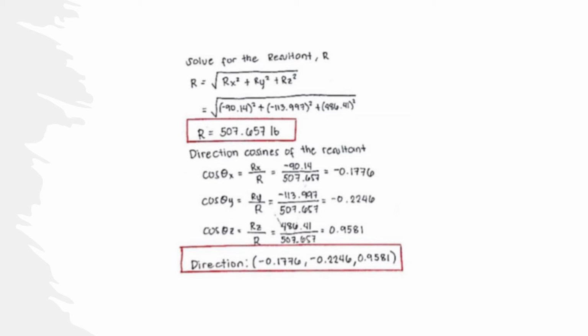And for cosine theta z is equal to Rz over R, 486.41 over 507.657 is equal to 0.9581. So therefore we have the direction, which is negative 0.1776, negative 0.2246, and 0.9581.